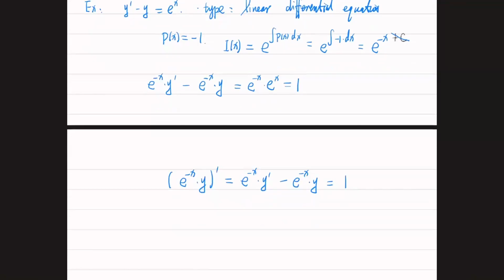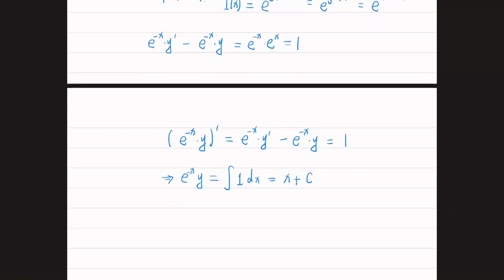Sophia, now we have that the derivative is 1. What can you say about this unknown function? It's x. This implies it will be the integral of 1 dx, which is x, and don't forget the integration constant c, because we are finding a solution now. Elisa, how do we find y?